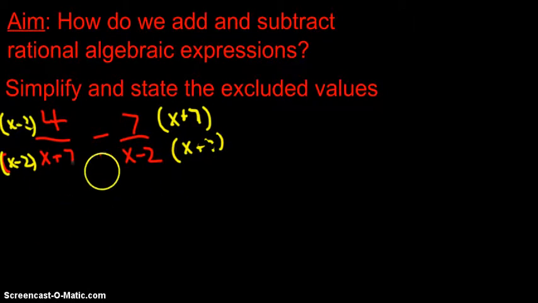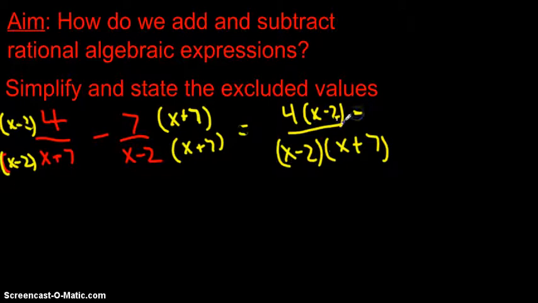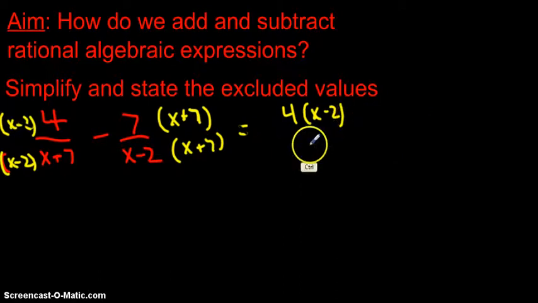The denominator is the product of these two binomials. So this will become 4 times x minus 2 over... I'm actually not going to multiply these together because I might just wind up having to pull them apart again. So it's this expression minus this one, actually we could put this partially together.